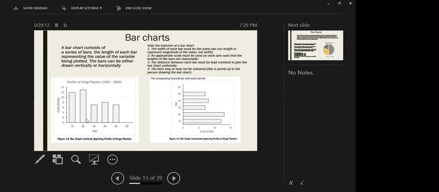There are other things they call bar graphs, right? It's the same information, but we are no longer using a table or a line graph. We are using what is called a bar graph. It's called a bar graph because the value, the frequency itself, is represented by a bar, right?